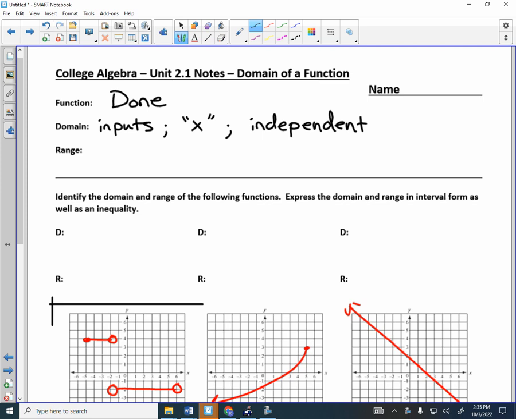Does the cost of heat determine the temperature, or does the temperature determine the cost of heat? Temperature determines the cost of heat. So you see, temperature is the independent variable. It would be the x value, whereas the cost, that's the dependent one. Okay? So the range would be the outputs, the y values, otherwise known as the dependent variable.